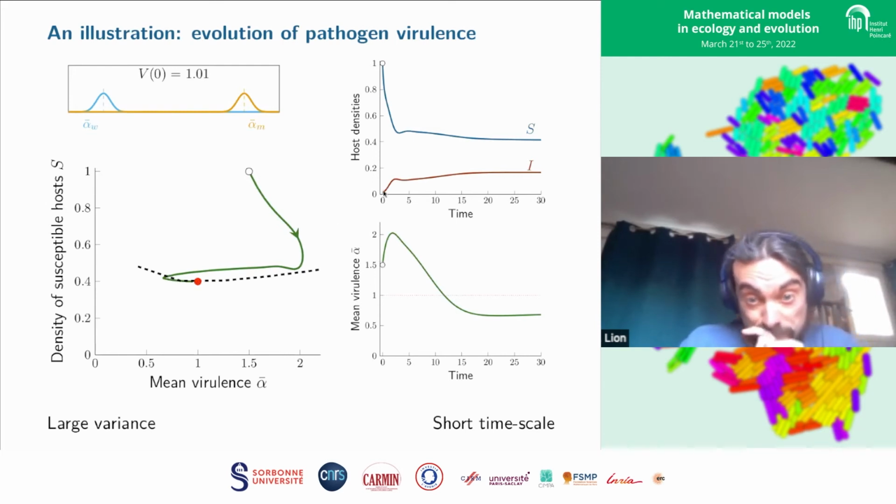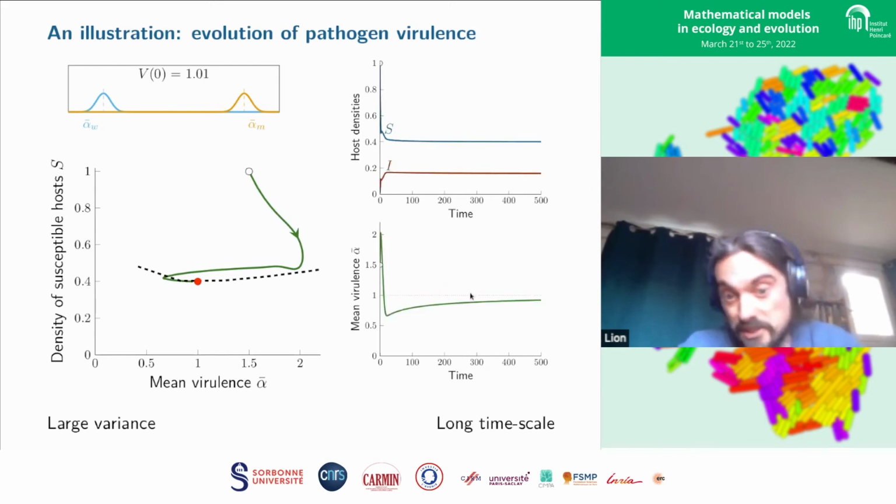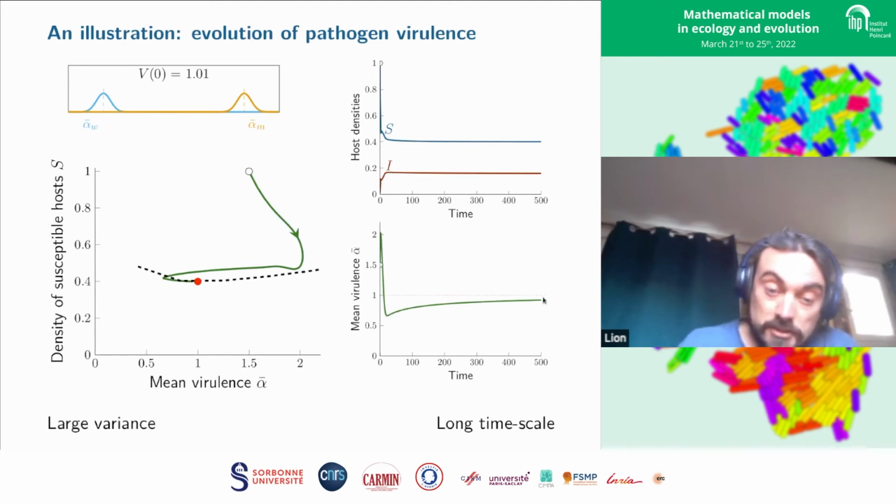And what happens is that we first have selection for a highly virulent strain of the pathogen, and then this strain becomes counter-selected, and we go below the potential ESS of our system, and we need to look at a longer time scale to see that gradually we come back to this equilibrium point on the slow time scale.